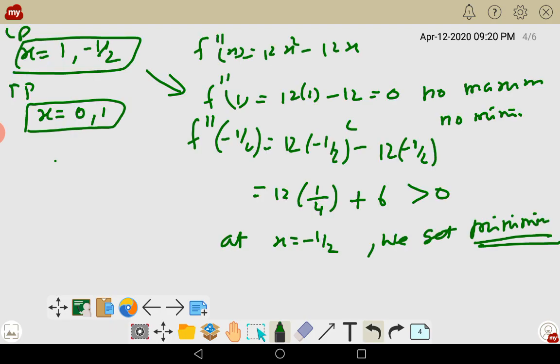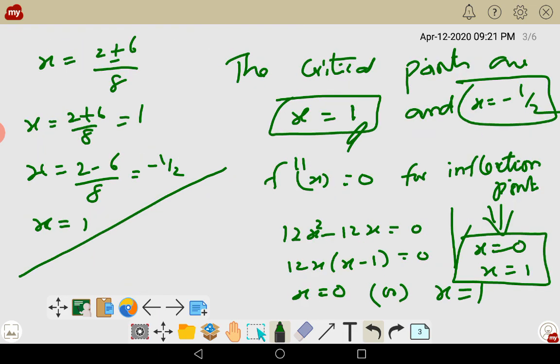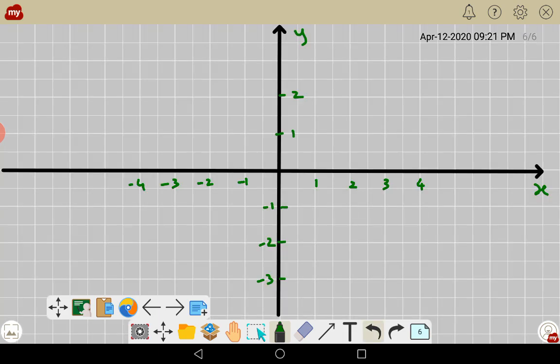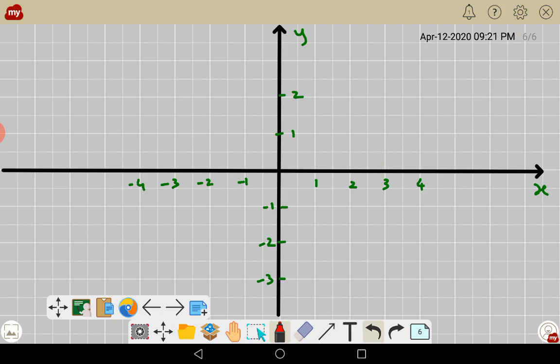Okay, we have not found one important thing from the given problem. Actually, we have not found what the x and y intercepts are. We have found critical points, and we have found inflection points. We will write them on the graph. Here the critical points are x is equal to 1.